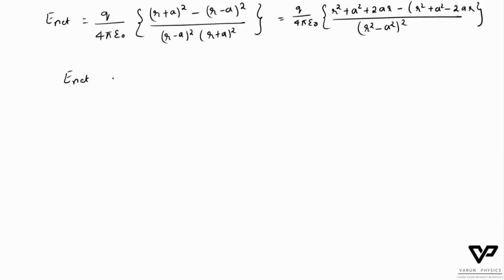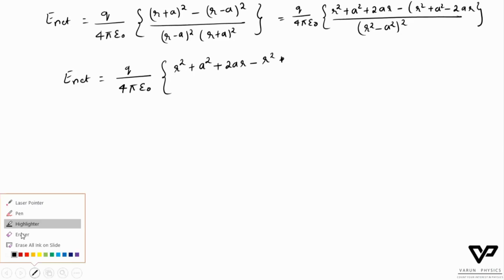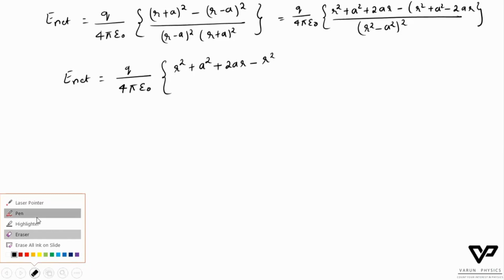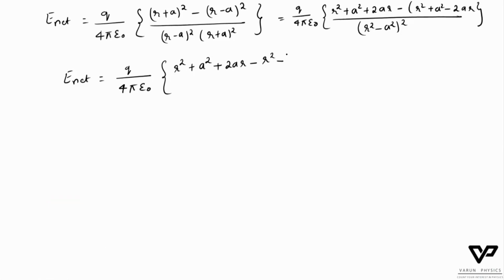Therefore, E net is equal to Q by 4 pi epsilon naught into R square plus A square plus 2AR minus, sorry, R square minus A square, minus into plus 2AR, divided by (R square minus A square) whole square.